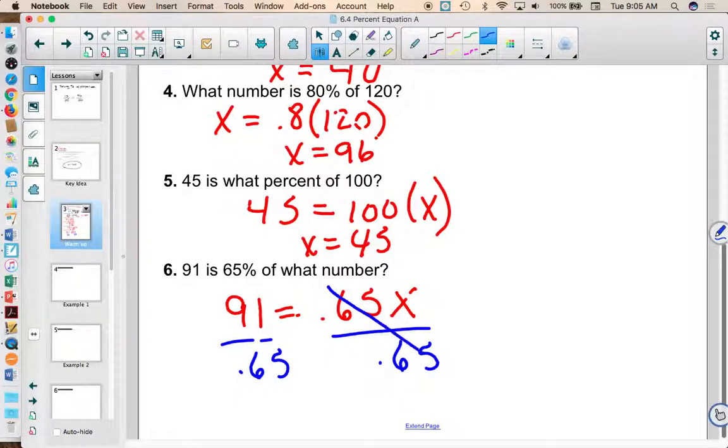Then this one cancels, leaving the x behind. 91 is 65% of what number? Haley, 140. Say it again. 140. Do you agree with Haley? If you take 91 divided by 0.65, you get 140. Good job.